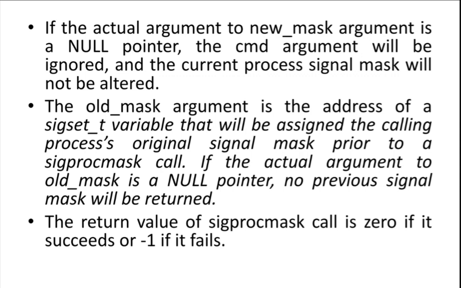If signals are there, no problem, they will be there. If signals are not there, they won't be returned. The mask will be there. You can add the signal or you can delete the signal if you want. It's your choice. And the return value of the sigprocmask call is 0 if it succeeds. If this function is a success, it will return 0. If it is a failure, it will return -1.